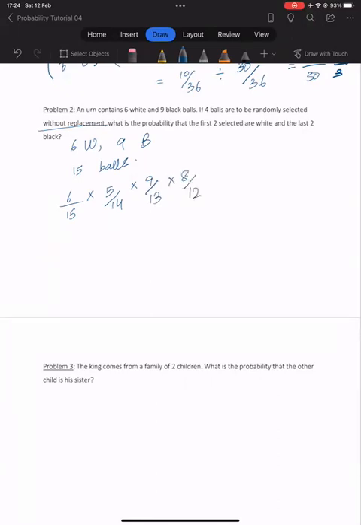8/12, which will be 30 into 72 divided by 32760.